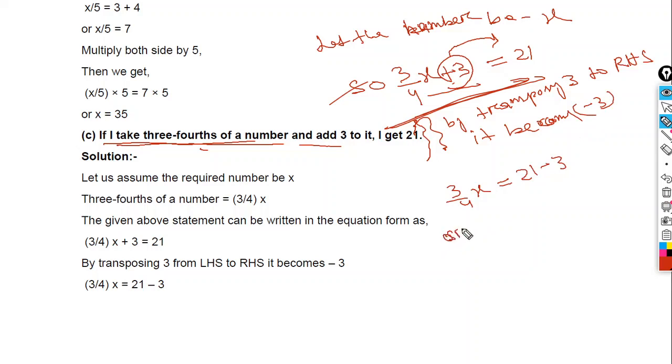So 3 by 4x equal to 21 minus 3, which is 18. Now what can we do? Here 4 is in the denominator. If we multiply by 4, then this 4 will be cancelled.